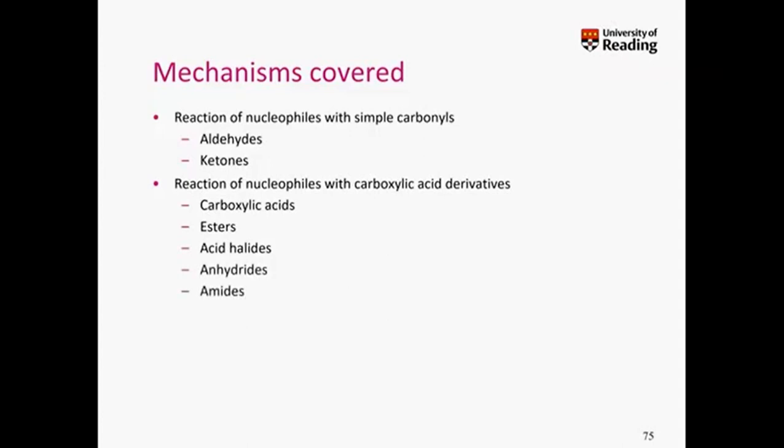So we've got seven different carbonyl groups there, but hopefully you'll see that the reactivity is driven very much by the delta positive of the carbonyl carbon and breaking that carbon-oxygen double bond. It's just that with these more complex ones, it depends on whether we go through different routes in our reaction mechanism.